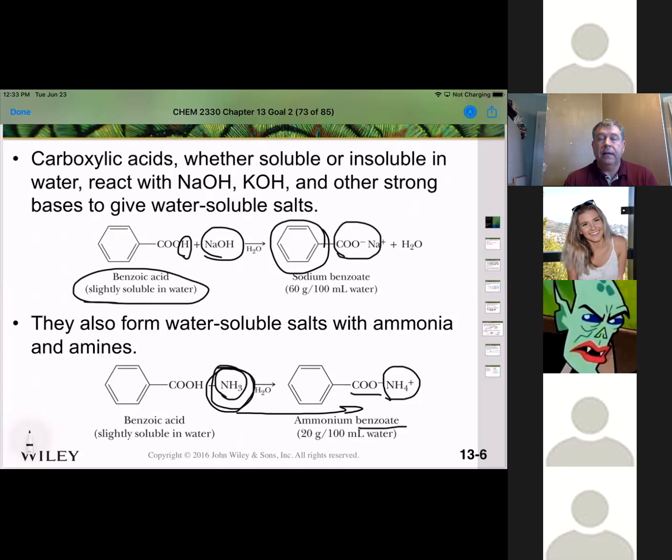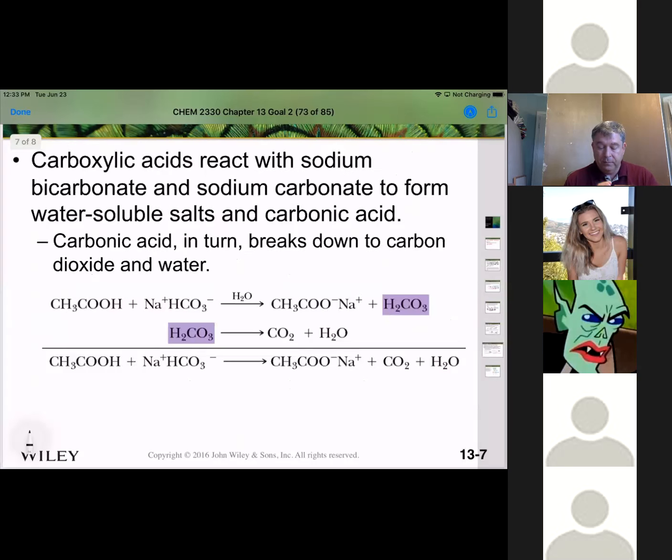Okay, so we can use this acidity to our advantage because the protons of the carboxylic acids are more acidic than the protons of alcohols. So we can use that to help separate an alcohol from a carboxylic acid. Okay, so in the case of something like acetic acid right here, it is actually so acidic we can use an even very mild base like sodium bicarbonate.